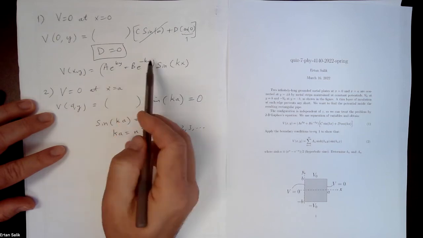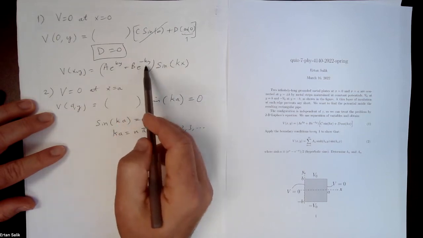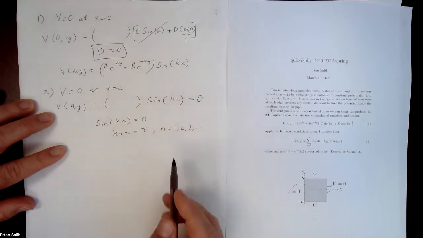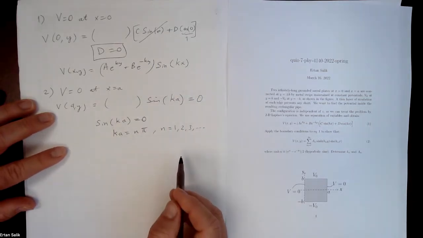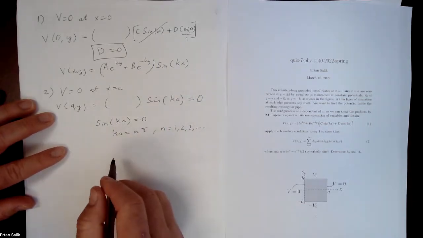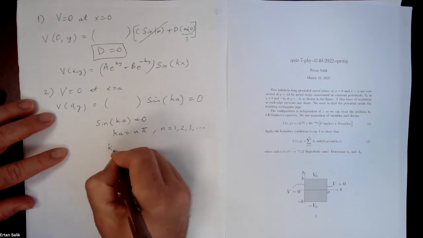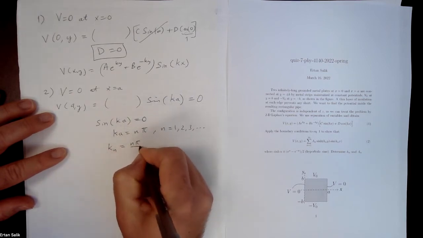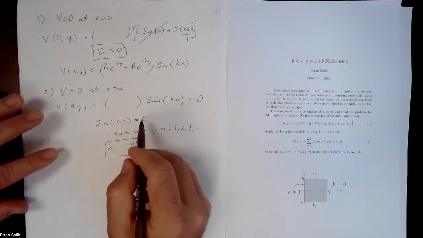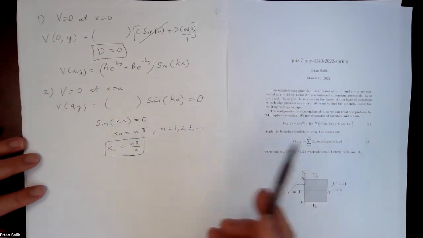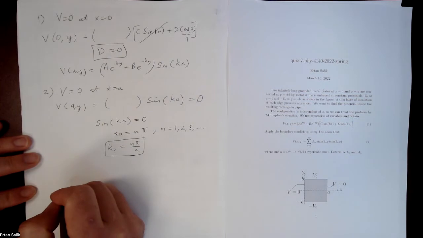We assumed k is positive to start with, and that's what we have here. So I determined k_n equals n pi over a in this case. Part of the problem asks us to determine k_n and A_n. So that's the second boundary condition.